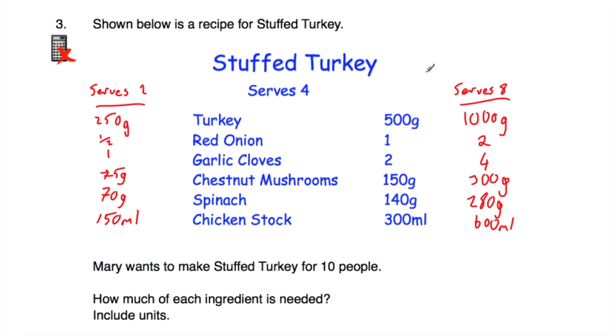So we now know how much we need for 8 people and how much we need for 2 people. And then if we add them together, that would serve 10. So serves 10. And that would be how much we need.